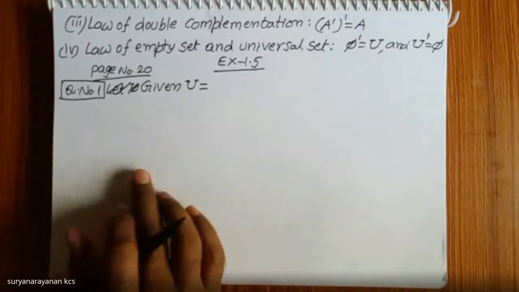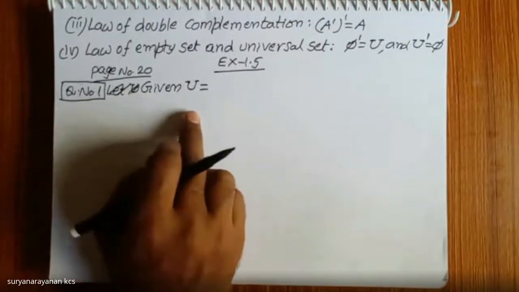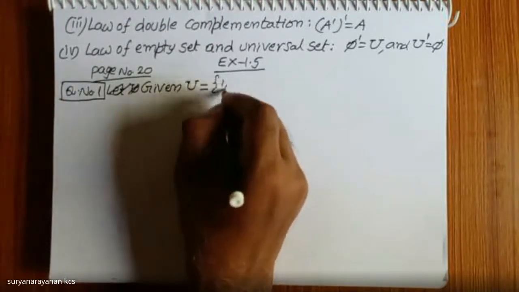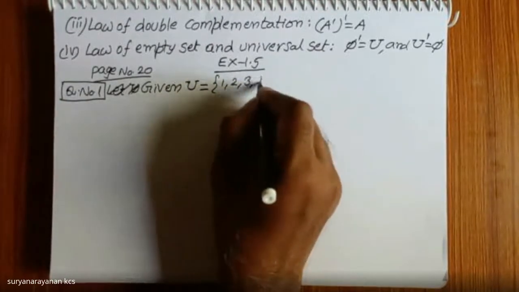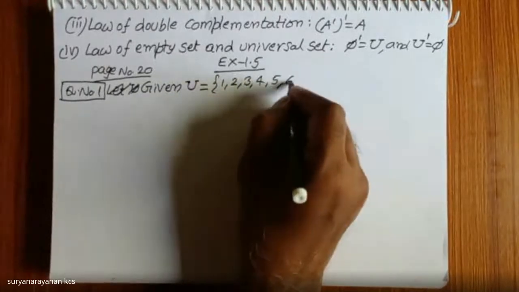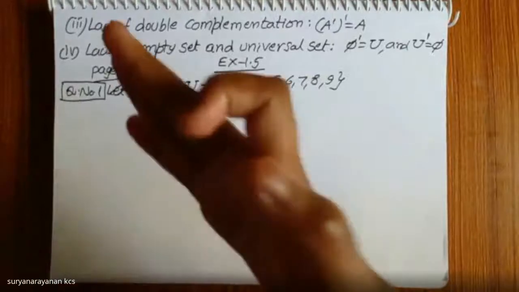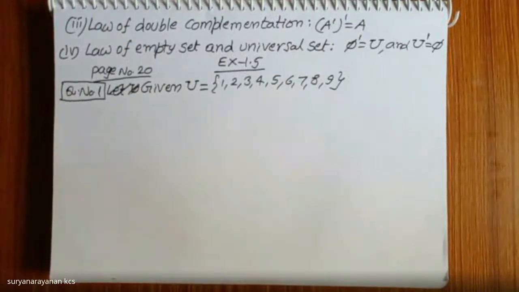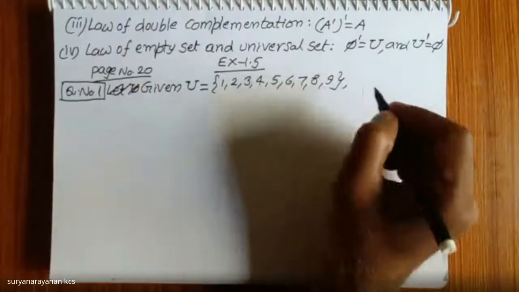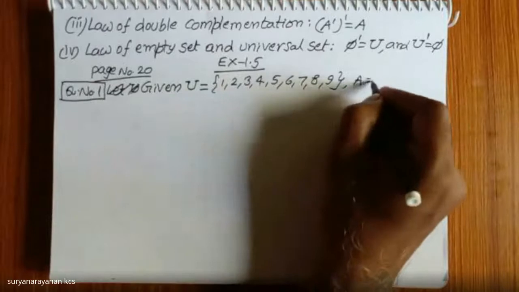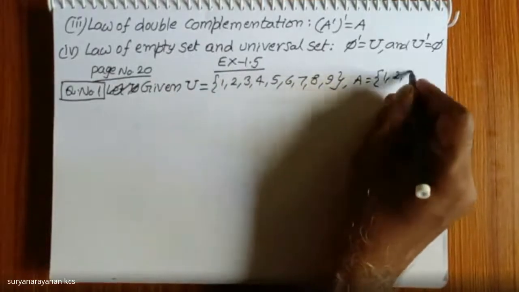See here, given universal set 1, 2, 3 up to 9. Set 1, 2, 3, 4, 5, 6, 7, 8, 9. This is a universal set. Okay, my dear Nikhil, it's okay, no problem. And A is equal to set 1, 2, 3, 4.